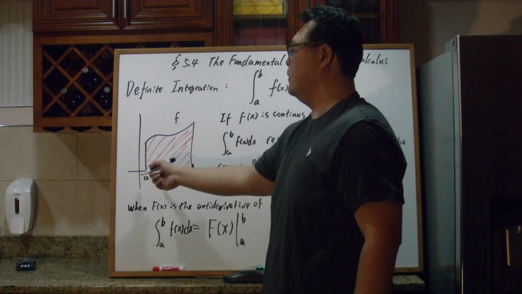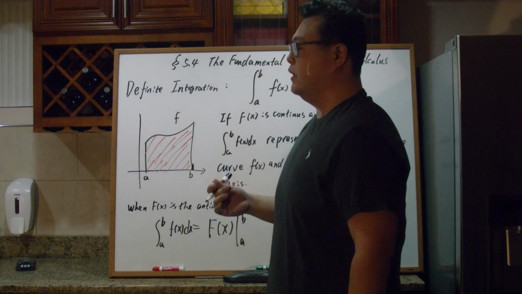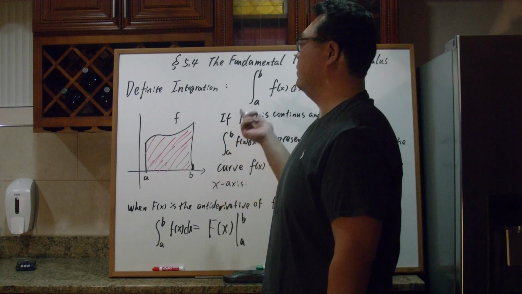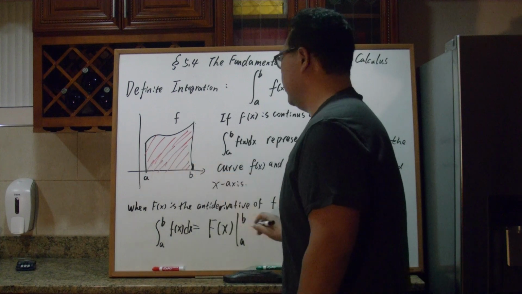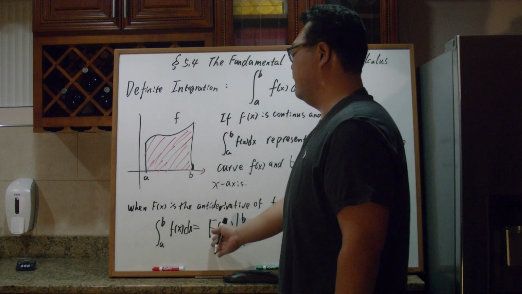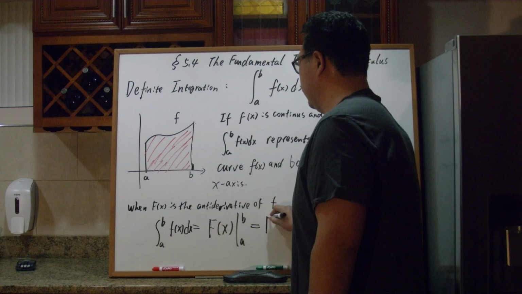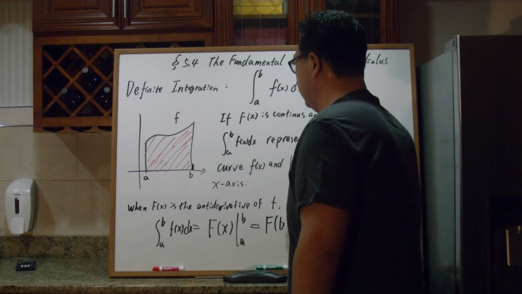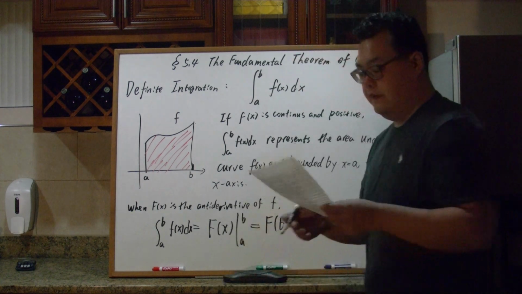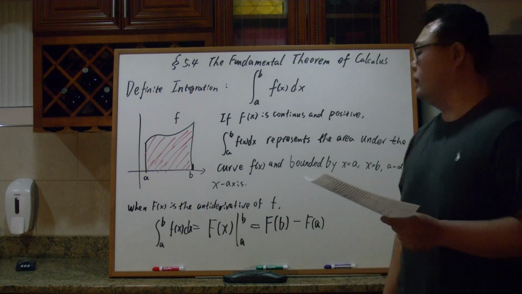Always we consider from left to right. From right to left, that will be another property to cover, but always from left to right. That could be evaluated as F of b minus F of a. Okay, that's how we evaluate this.